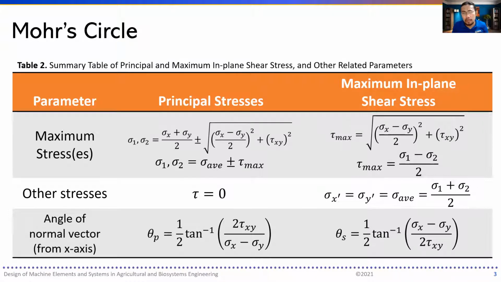And well, for the maximum in plane shear stress, there's a normal stress, and it's the average of the principal stresses, or sigma 1 plus sigma 2, the quantity divided by 2.